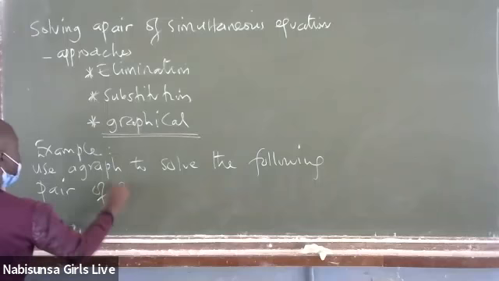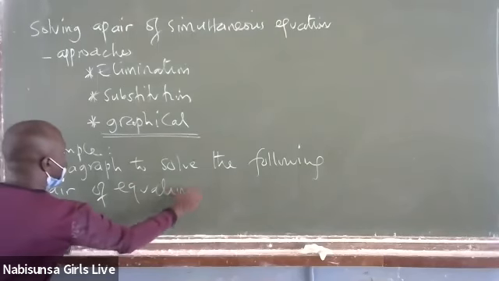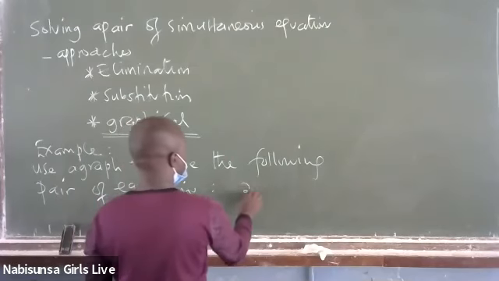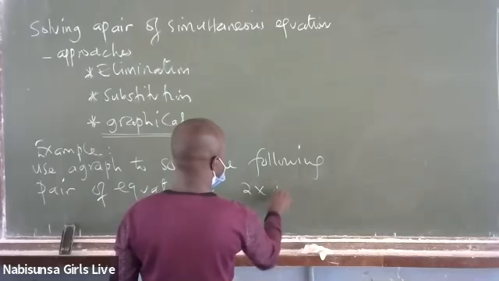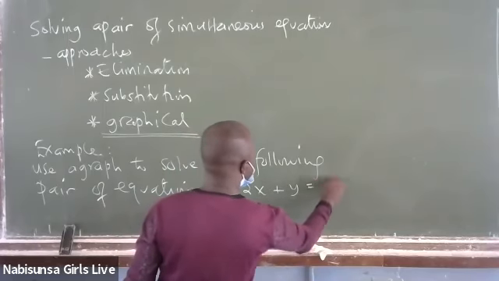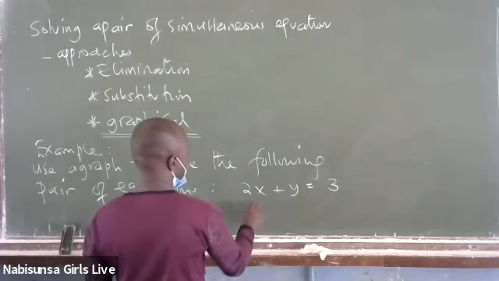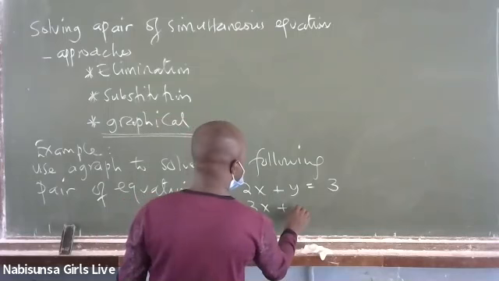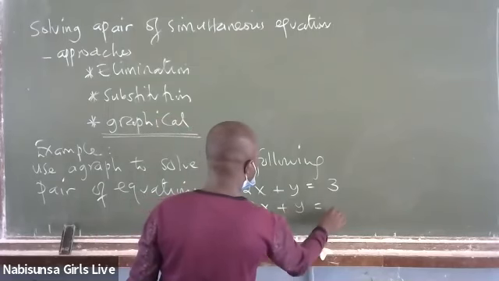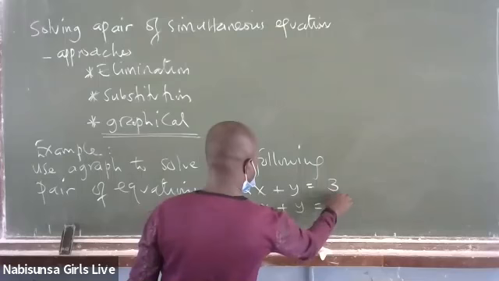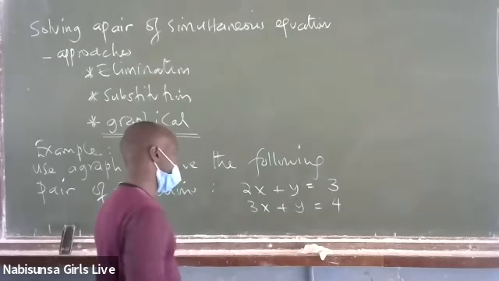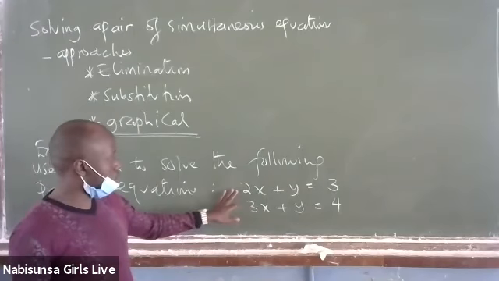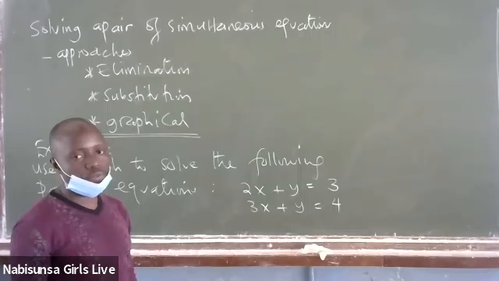We have 2x plus y is equal to 3, and 3x plus y is equal to 4. Let us have that. Okay, so we have this as our illustrative question.